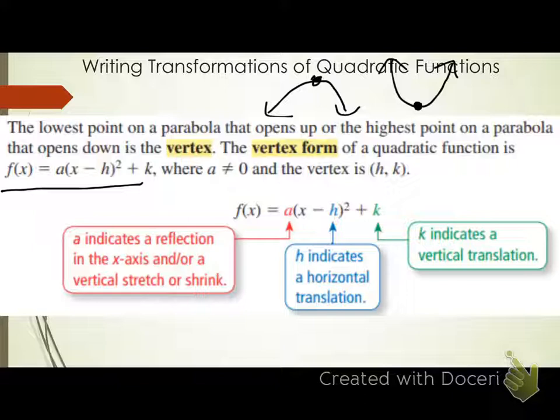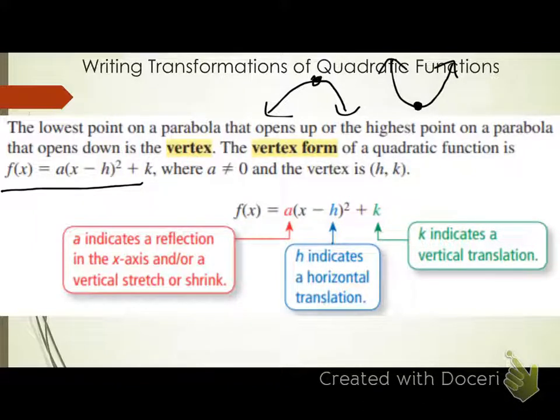So I might write my vertex form out like this, and I would label these parts. A indicates a reflection in the x-axis and or a vertical stretch or shrink. If it's a positive number, it's just going to be a vertical stretch or shrink. If it's a negative number, it's going to be a reflection over the x-axis and a vertical stretch or shrink.